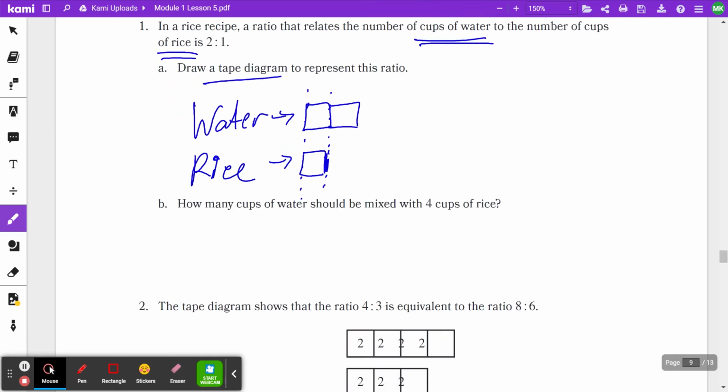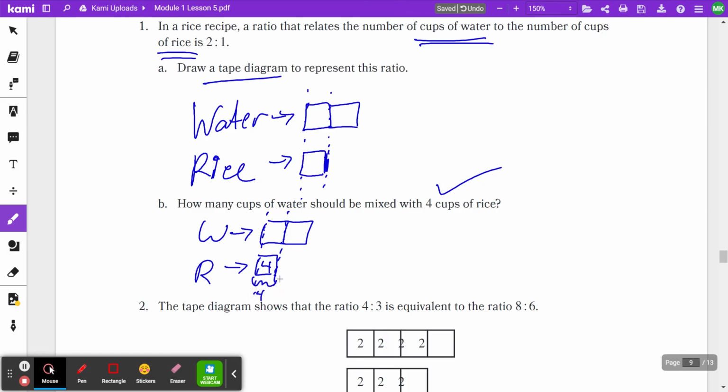Okay, so how many cups of water should be mixed with 4 cups of rice? Oh, okay. I'm going to make a little abridged version here. Water, rice. So I guess I should just use that diagram up above. But I just have so much fun drawing things. So 4 cups of rice. If I have 4 cups of rice, I can put that 4 right in there, right? Because that represents the total of rice.